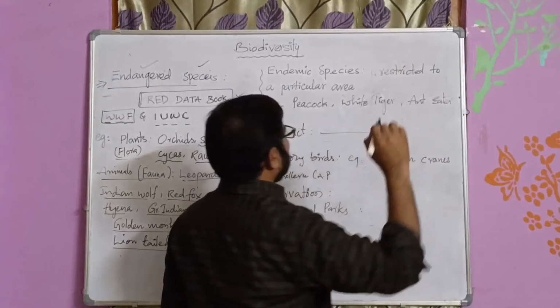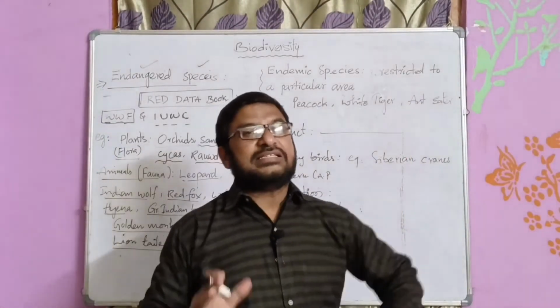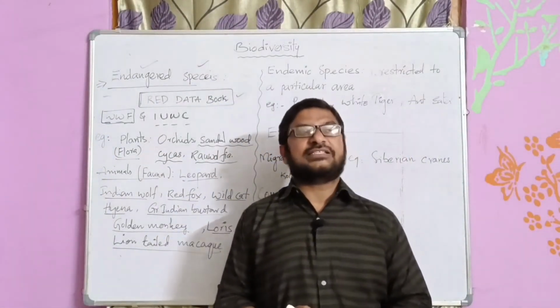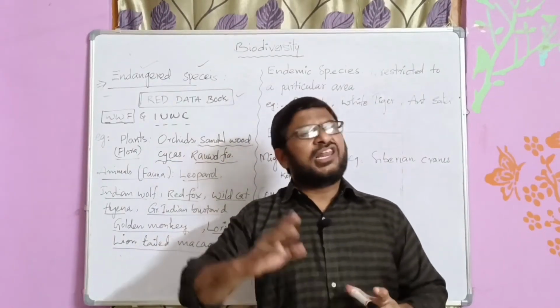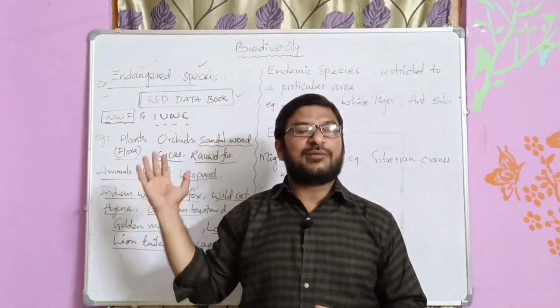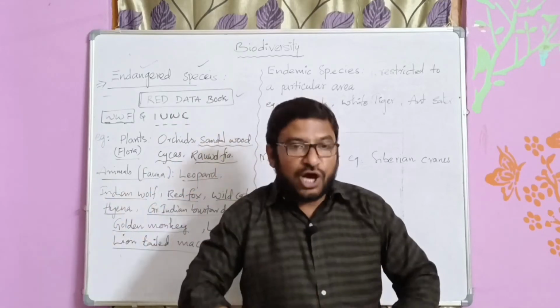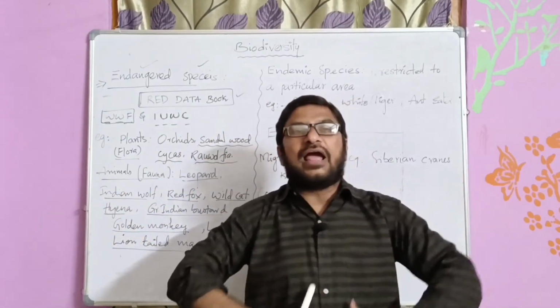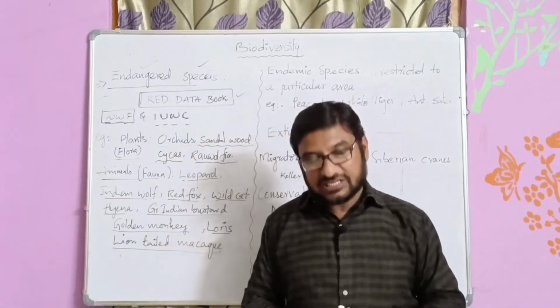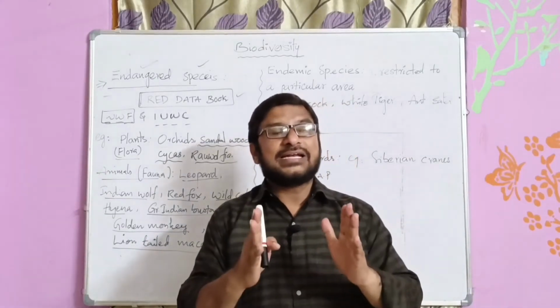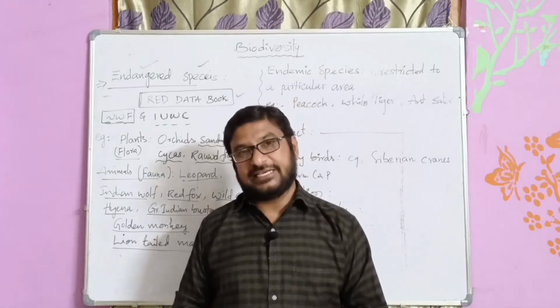Next, extinct species. Extinct species means some species lived in a particular time or particular era and now they have completely vanished from this nature. Such type of species are called extinct species.